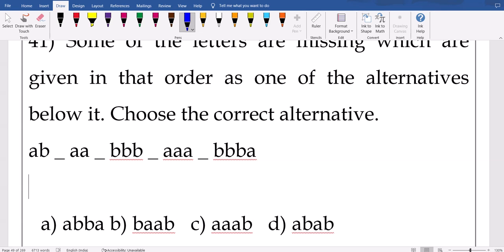Option, what logic are you thinking about? 1A, 2B's, 2A's, 3A's. Okay, you are filling B here, then A. Okay, you are saying that maybe before AB there is some other term also.